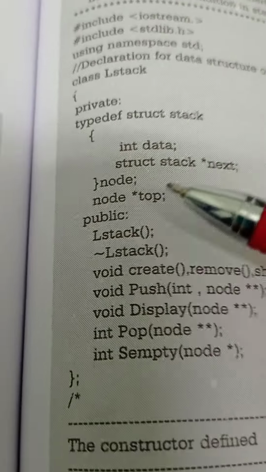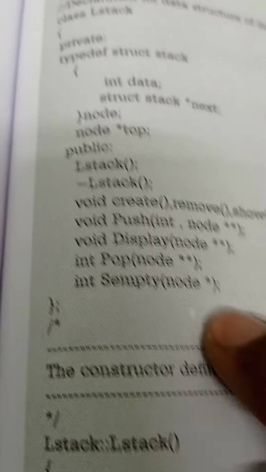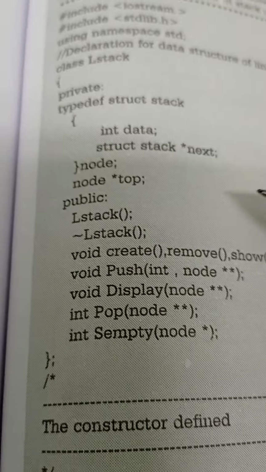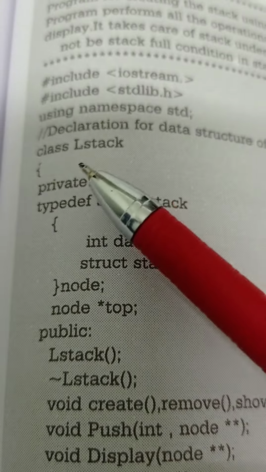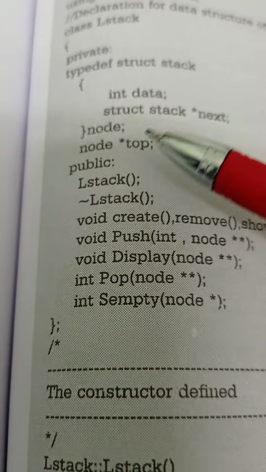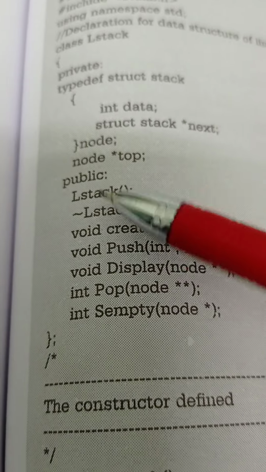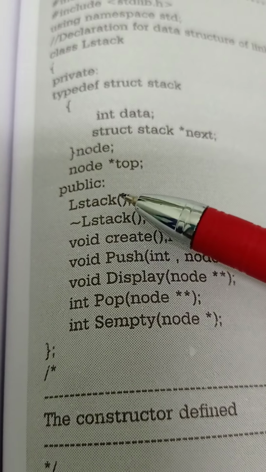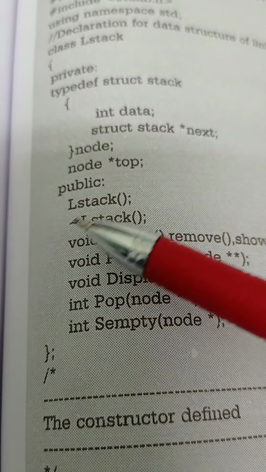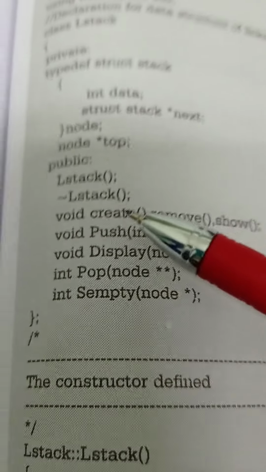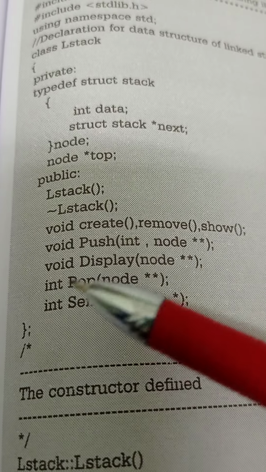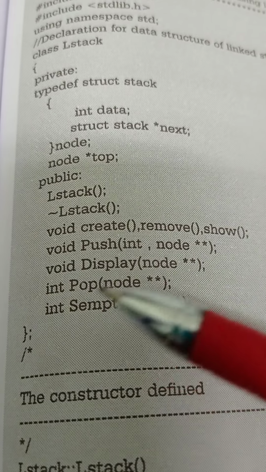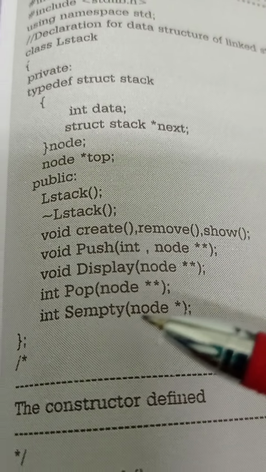Then public. These are the public functions of the class LStack. What are the public functions? LStack is the constructor, then the destructor, and the other functions are void create, remove, show, void push, void display, int pop, and int stack empty.